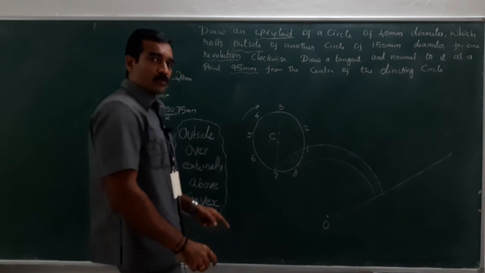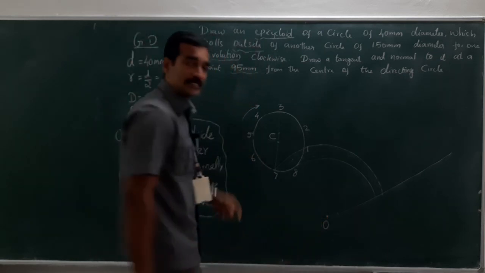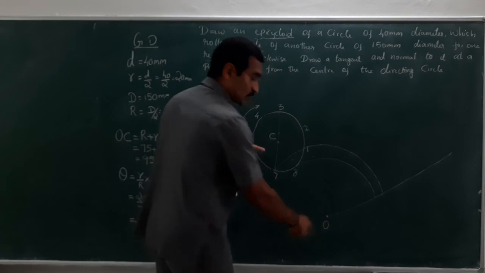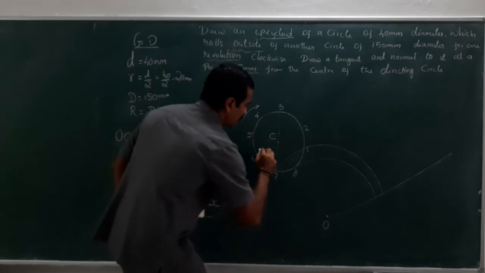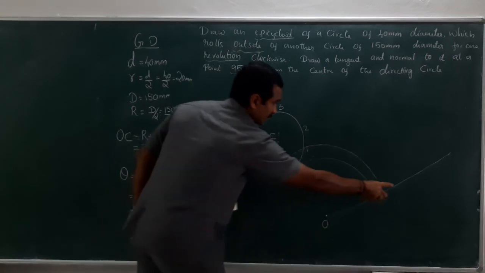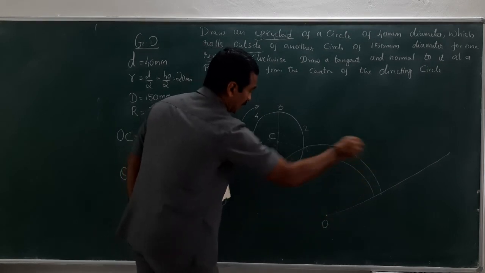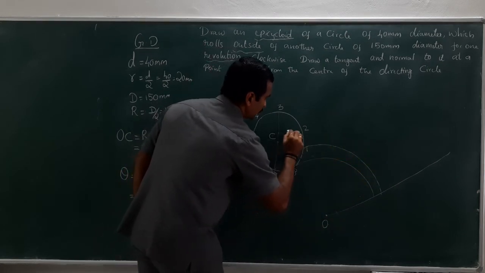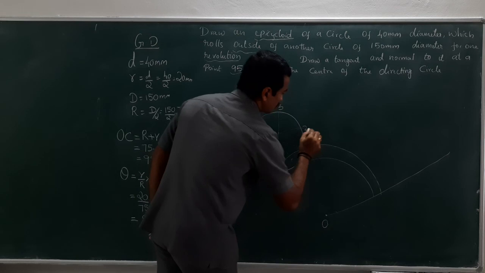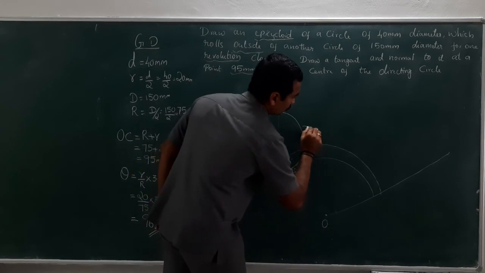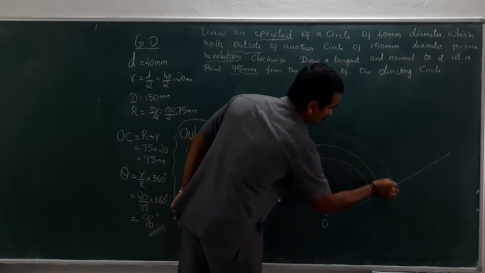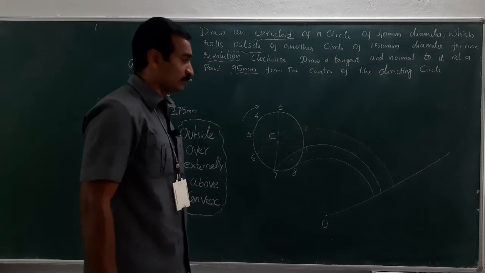Fine. Now change the radius, O to 6, O as center, draw an arc till it intersects this line which has been drawn at an angle of 96 degree. When you draw it, it will pass through point number 2. Got it?